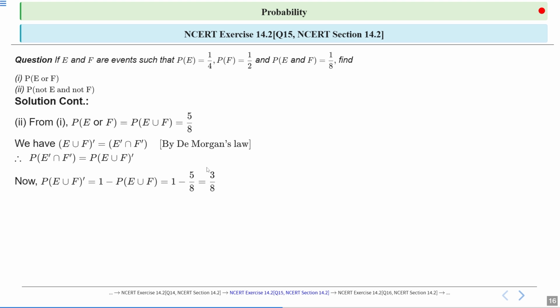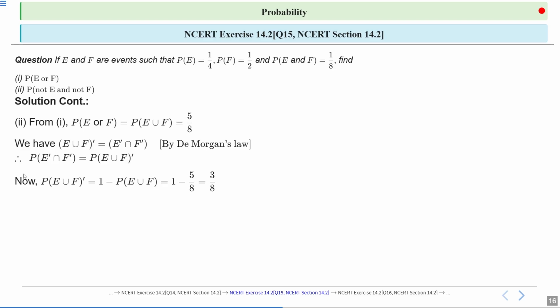Okay, and this is equal to 3 by 8. Simply we use this formula, put the value of probability of E union F equal to 5 by 8, and we obtain probability of E union F whole complement equal to 3 by 8.